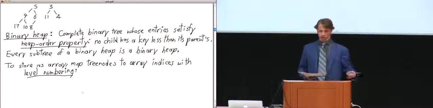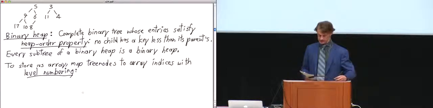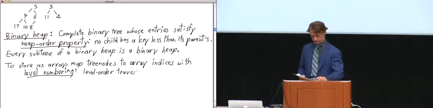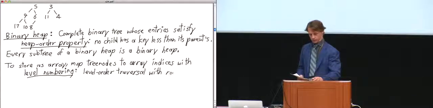And what a level numbering does is it does a level order traversal of the tree, with the root at index 1.